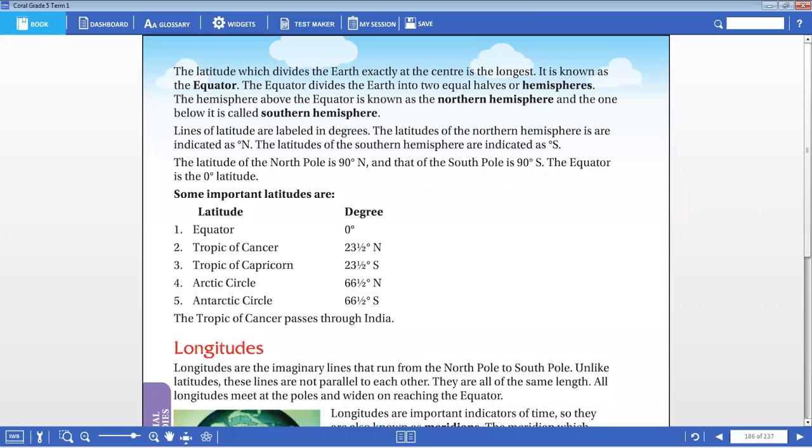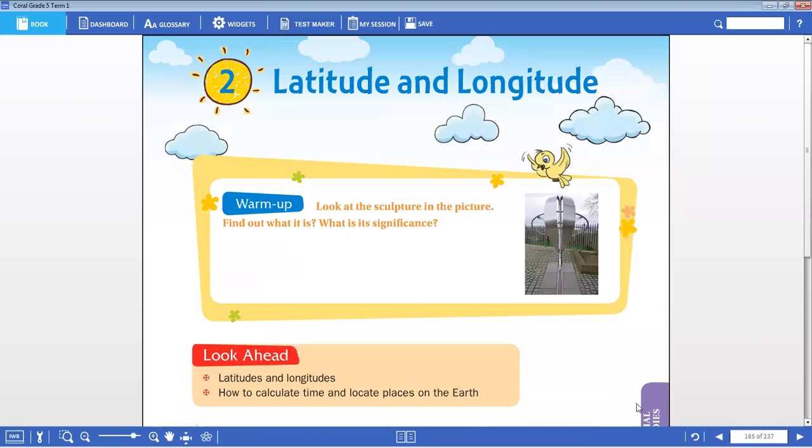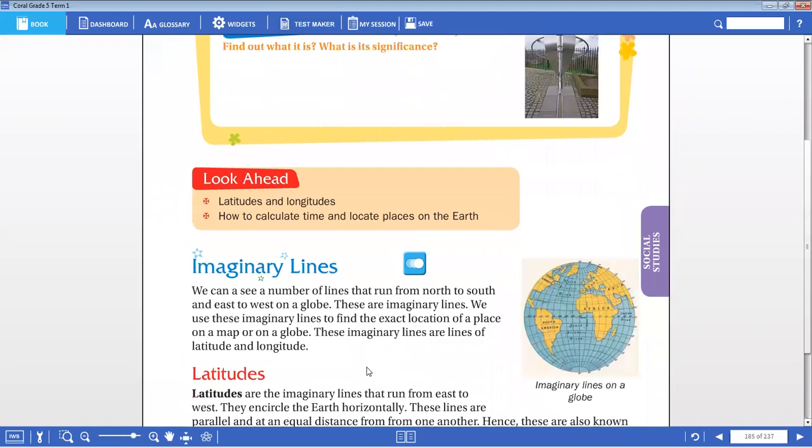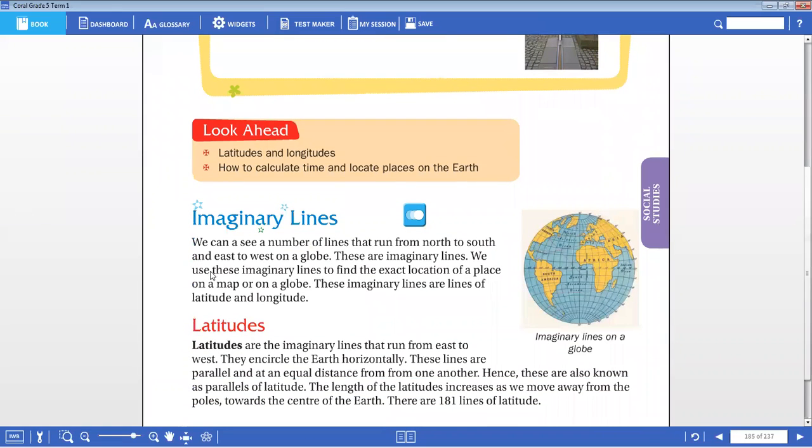Okay, children, coming to the hard words, please underline them. I'll let you know the hard words. Imaginary. Location.